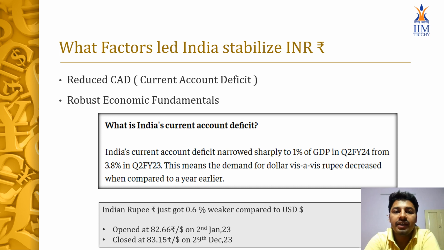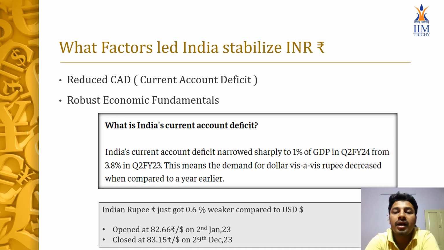It's quite fascinating to see the factors which enabled India to stabilize the Indian rupee. The two factors are the reduced current account deficit and the robust economic fundamentals. India's current account deficit drastically dropped to 1% of the GDP in quarter 2 of financial year 24, from 3.8% in quarter 2 of the previous year, financial year 23.